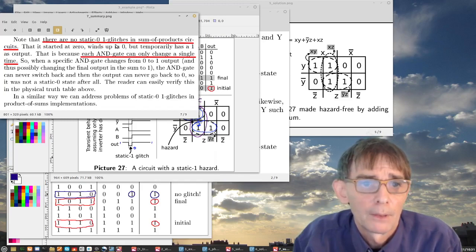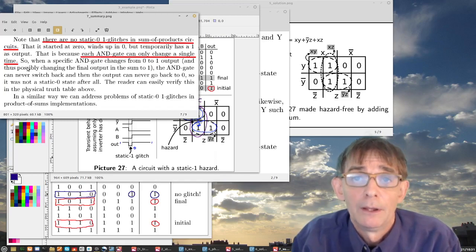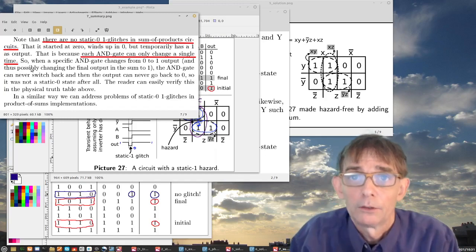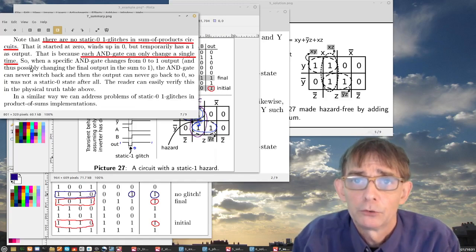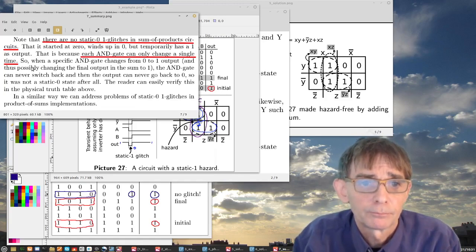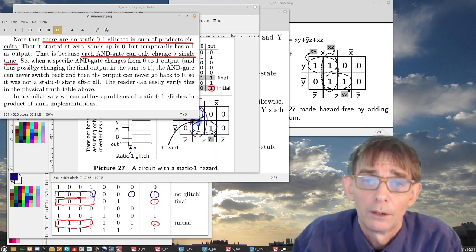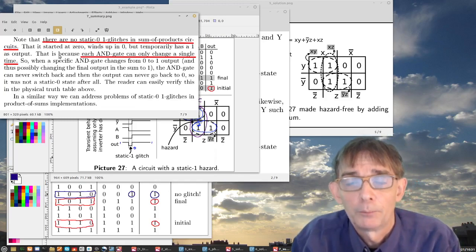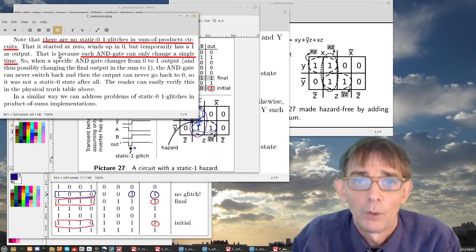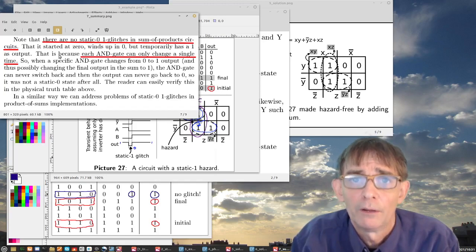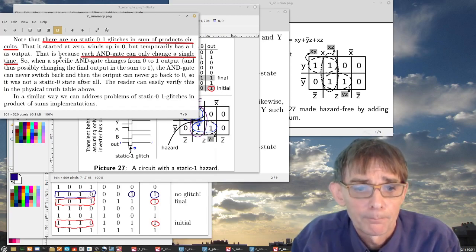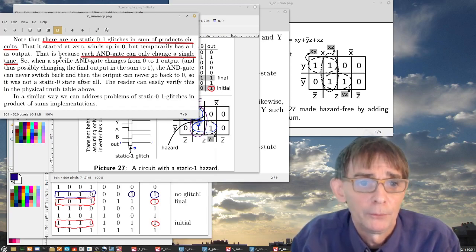That is impossible, because each AND gate can only change a single time and cannot go from 0 to 1 to 0, because it would be 2 switches, and that is never going to happen. And once it has gone to 1, the final output of the total circuit is 1, and it will never go back to 0, whatever all the other AND gates might be doing.